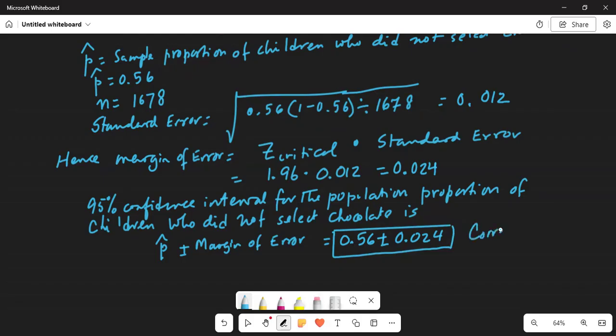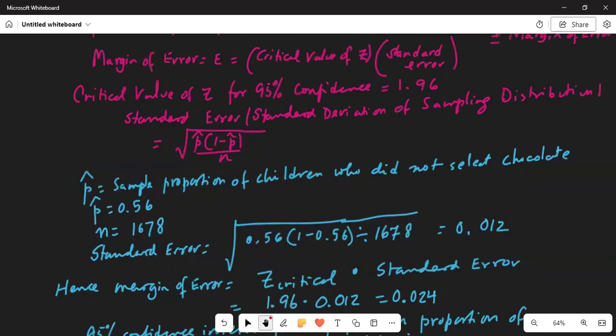Correct answer choice is D. So I'll stop here, but before I stop, let me recap the whole thing and also go over some important tips.